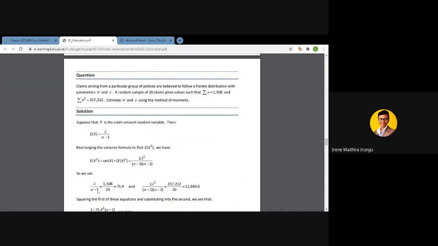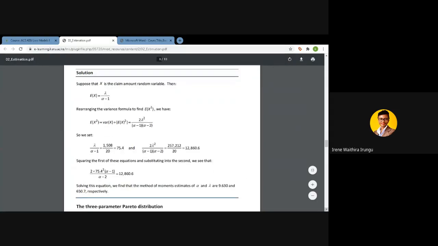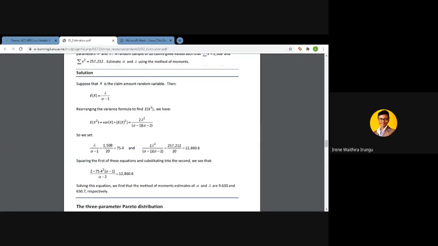Because we have two unknowns, my alpha and my lambda, you must have at least two equations to be able to solve for them, because that is the only way you'll be able to form two simultaneous equations which can help you solve for the two parameters. So you need now to solve these two so that you can express one parameter in terms of the other.